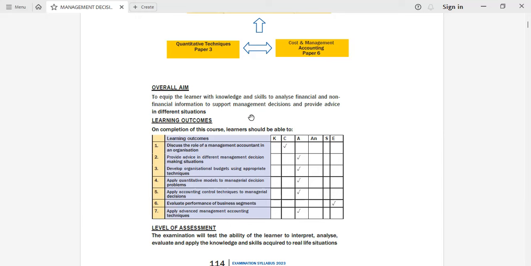What we expect to achieve after completing this course, or what the institute expects the learners to have acquired at the end of it. Because at the end of the day, if you pass this paper, we expect that at least you've got these learning outcomes.